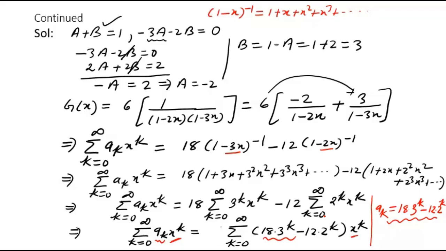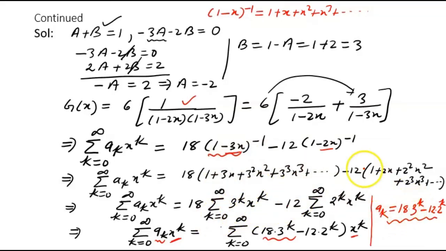I hope you have got the point. The process that we have followed is that we started with a generating function, and then we multiplied both sides by x to the power k, took the appropriate summation, got the gx value, and after getting the gx value we separated it using partial fractions, and then at this stage I wrote the expansion, and then I wrote the expansion back in the summation form and compared both sides.